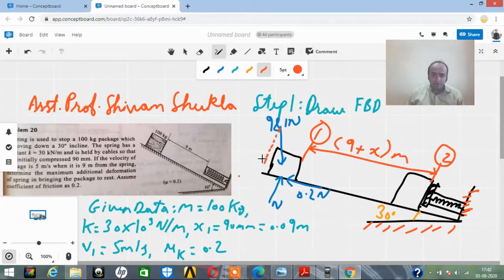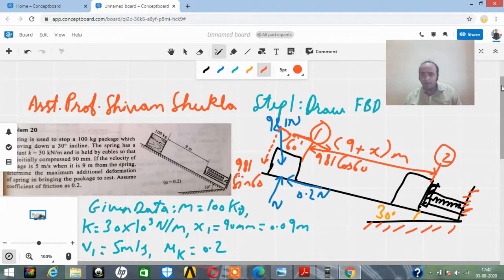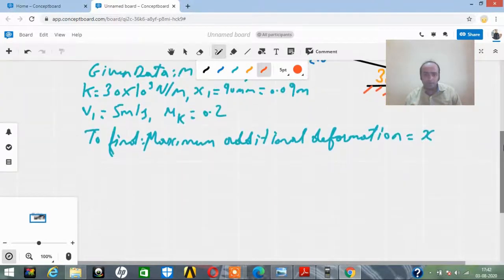This is the y component of it, tilted y, and this is the tilted x component. This will be 981 sine of 60, because this angle is going to be 60, and this will be 981 cos of 60. So this is the way how the entire free body diagram is going to get completed.